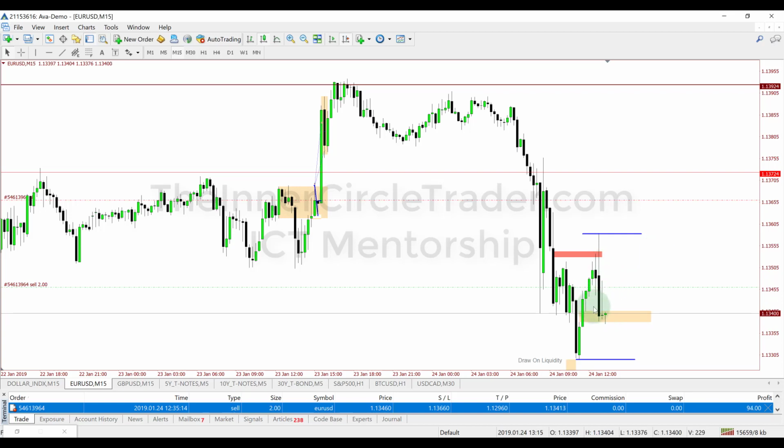Everything that's being explained here, if you apply that to a daily, it gives you a lot more pips. It gives you a lot more range to work within. Your structures are larger, so the opportunities are going to present larger potential yields. In other words, your returns can be much more pronounced.